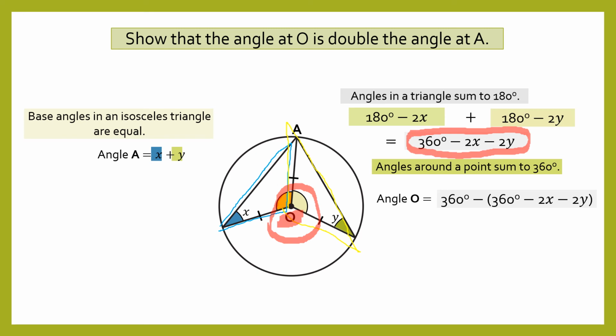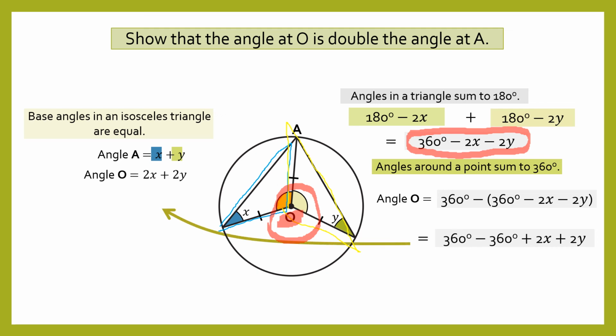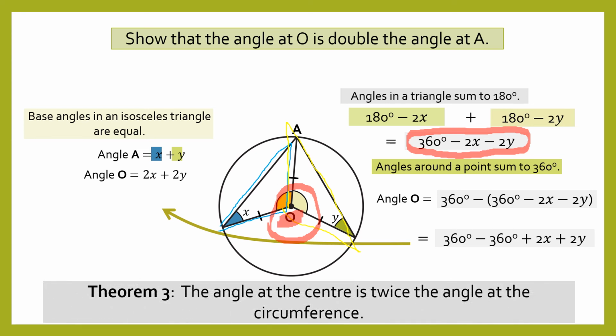Now, following the rule of BODMAS, because I have been given the bracket here, I can say 360 minus (360 minus 2x minus 2y), which is 360 minus 360 plus 2x plus 2y. 360 minus 360 is 0. What is remaining is 2x plus 2y, which proves our theorem that angle O is equal to twice the angle x plus twice the angle y. So by this we can say our theorem is correct and we have proved our theorem.